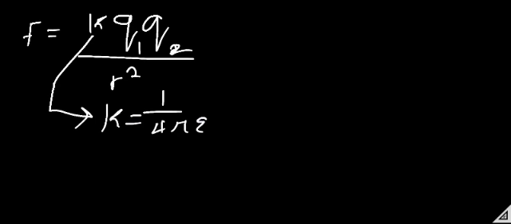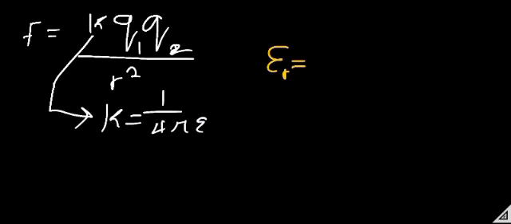Okay, now let us talk a little bit about this epsilon, but we'll be going into detail on it when we get to dielectrics. Note, this is what we call relative permittivity.